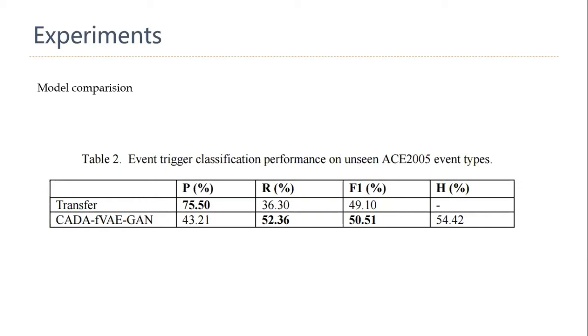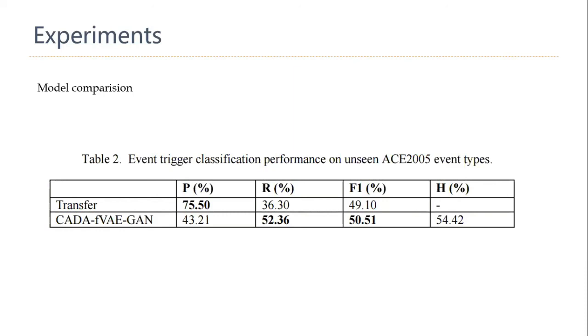It uses CNN to generate vector representations for the latent mention and the event type structure. And the top 10 most popular event types in ACE 2005 chosen by us are the same as the transfer model.